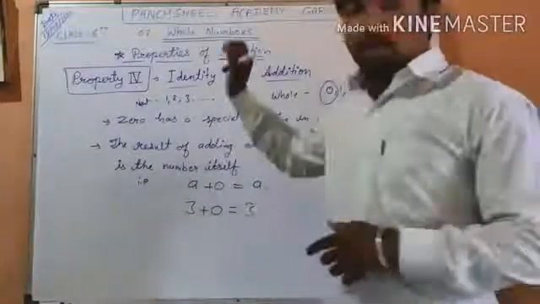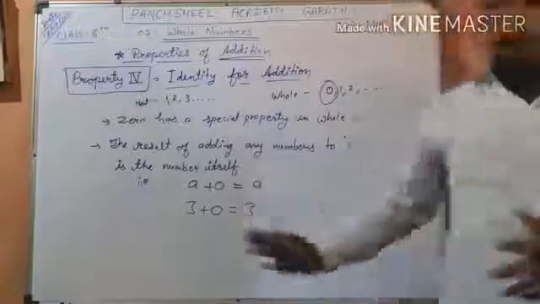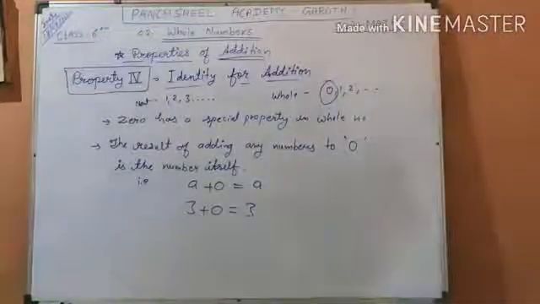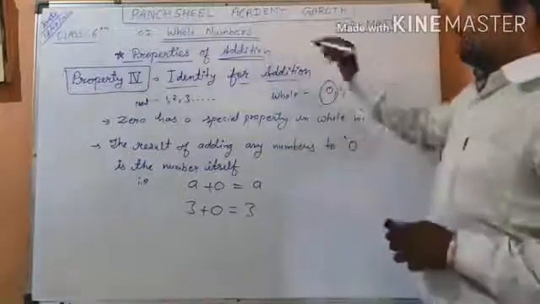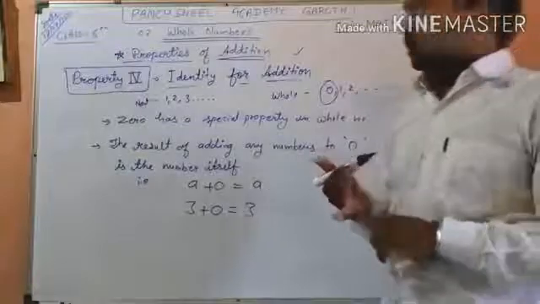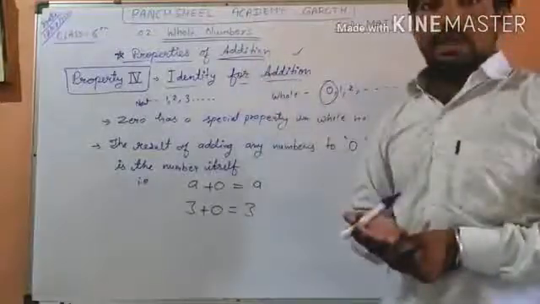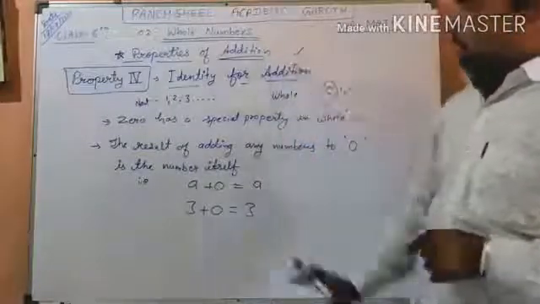This is property 4, identity for addition. Note it down. Here the properties of addition are completed. We have 4 properties: closure property, commutative, associative and identity for addition. These are the main 4 properties of addition. You have to note them down.